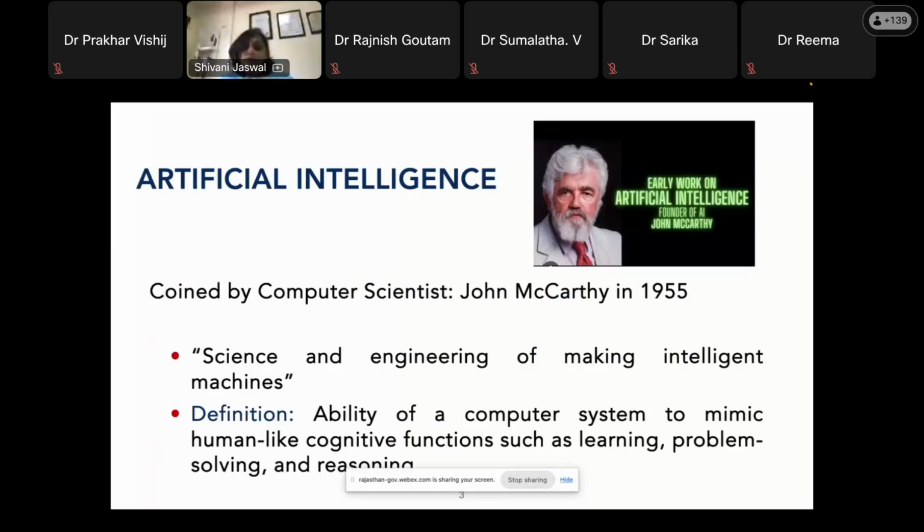That brings us to a question: what is intelligence? Intelligence can be defined in a number of ways, but generally it means the ability to learn, to infer, and to reason. So the true definition of artificial intelligence is the ability of a computer system to mimic human-like cognitive functions such as learning, problem solving, and reasoning.